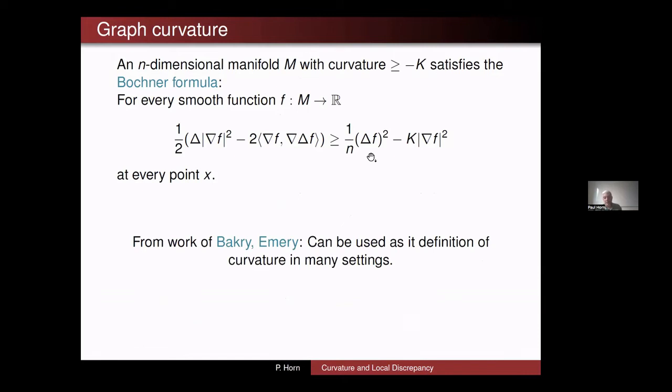But actually, it was already noticed by Bochner and Emery some time ago that this can be used as a definition of curvature in many settings, especially when things are well behaved. So especially when you have a so-called diffusive semigroup, essentially when the Laplace operator satisfies the chain rule, which unfortunately it does not for graphs, but okay.